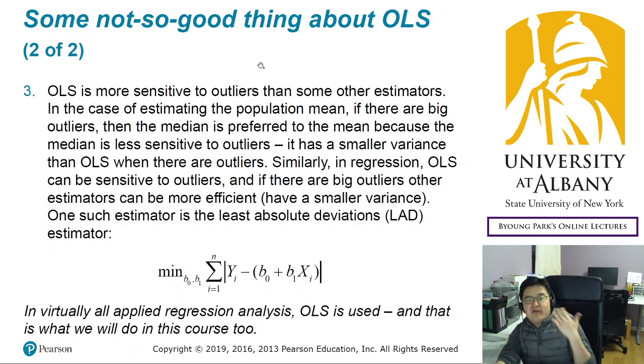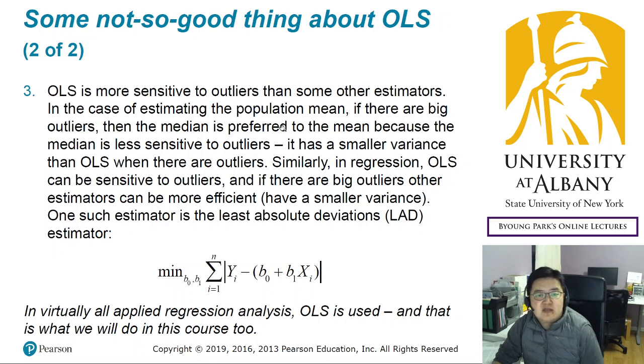So if you have a strange result, or a result that is too good, you need to worry about whether there are any outliers. Just a few outliers can change the results in a totally different way. So you have to be worried about potential outlier problems.